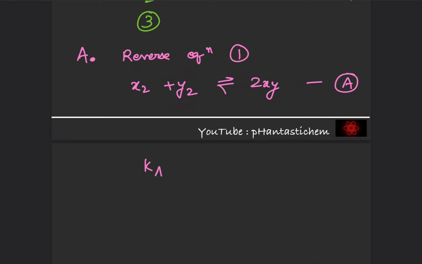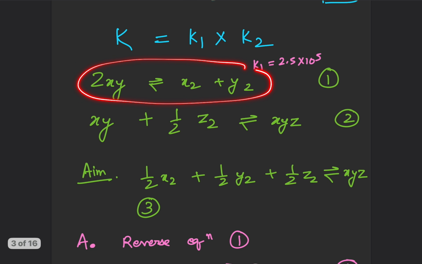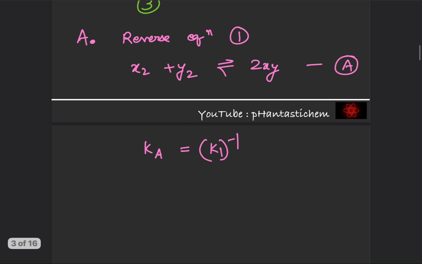So Ka will be equal to K1 to the power minus 1, because we reversed reaction 1. Therefore Ka will be equal to 1 by K1, or 1 by 2.5 into 10 to the power 5. So this is step A.